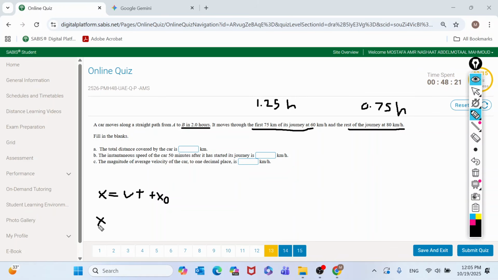So x equals v, so 80 times 0.75, plus x0, which is 75 because you moved 75. Let's say this is 0, you moved 75, so now you have 75, then you moved some more. So the initial for the second part is 75, so plus 75 kilometers.